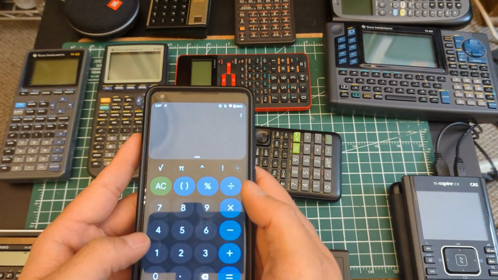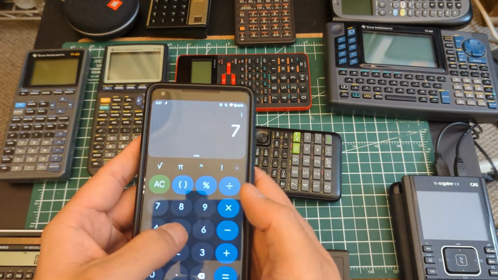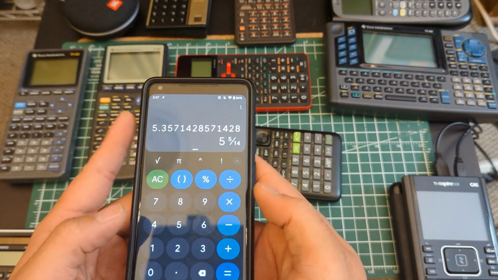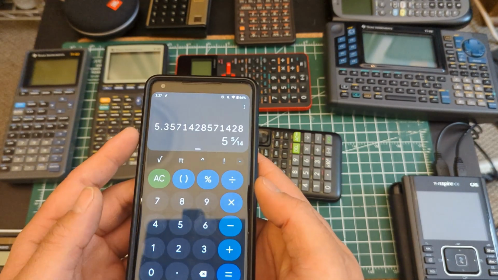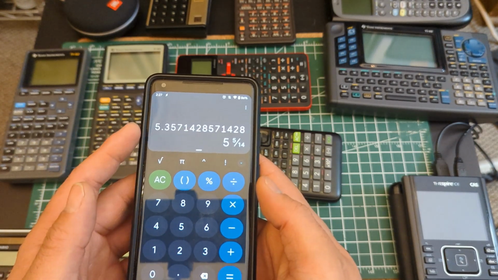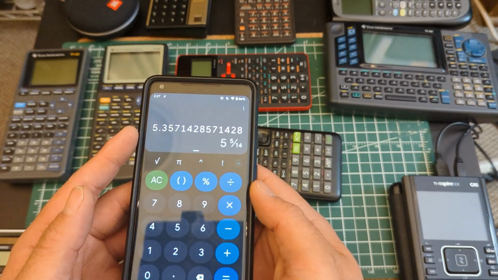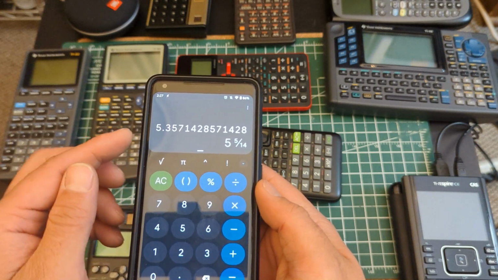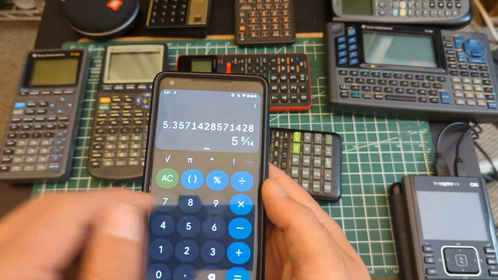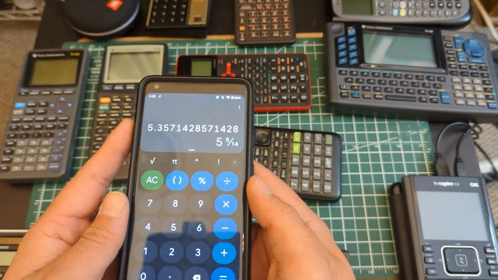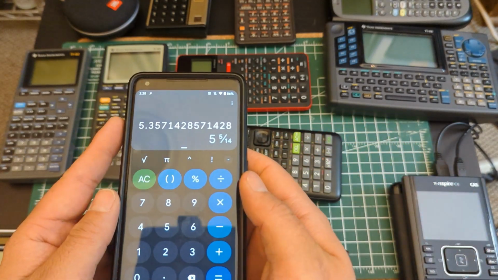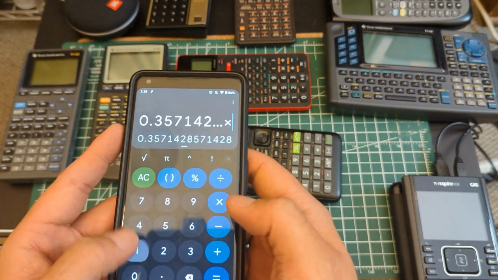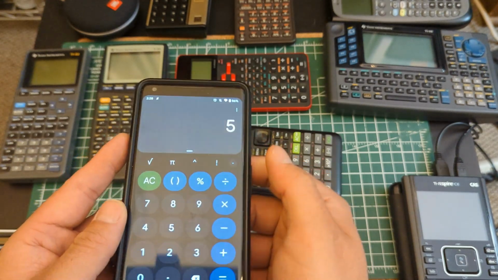I have the Android calculator, so 75 divided by 14, and I'll be pressing equals in between because there's a tendency maybe to take the result rather than storing a higher precision result within the system. Then we subtract 5, and then multiply by 14, and we have 5.